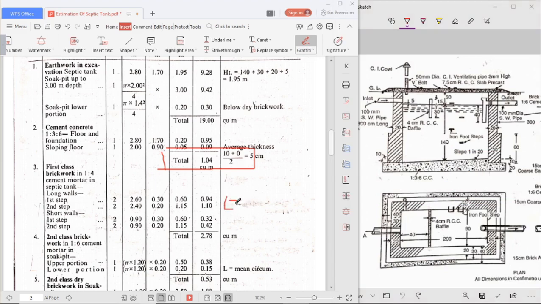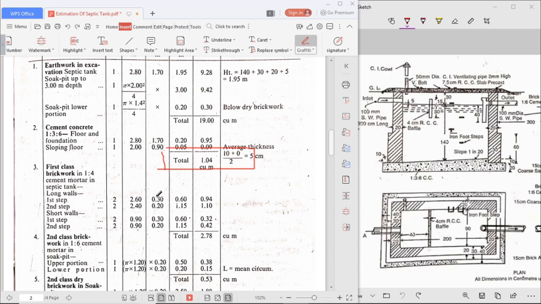What length are we taking? This length is the center to center length, as we did in the building. So 2 plus 0.3 plus 0.3, it is 2.60.